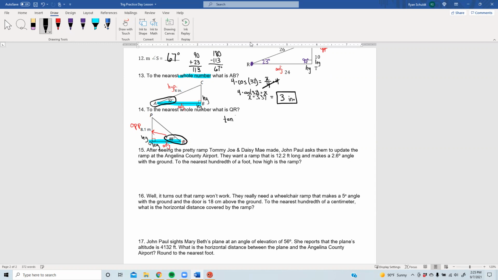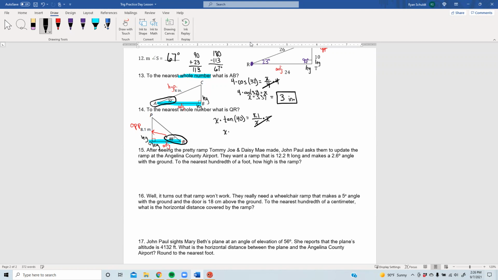So the tangent of 40 equals 8.1 over x. Multiply by x on both sides to get rid of the x on the bottom.